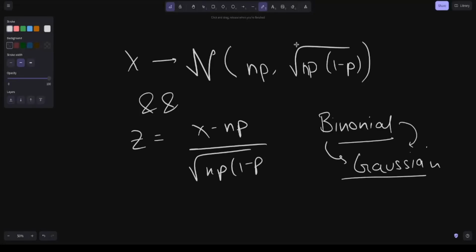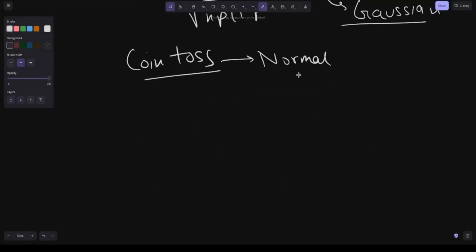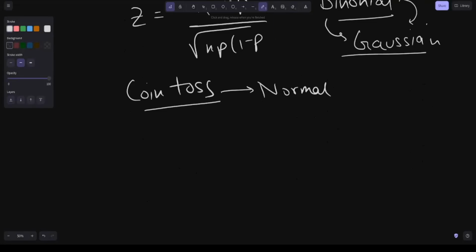So whenever you have, let's say, a coin toss and you want to convert it to a normal form, it mentions using normal approximation and everything, right? What you find out is the mean mu, which is np, and the variance, which is np into (1-p).